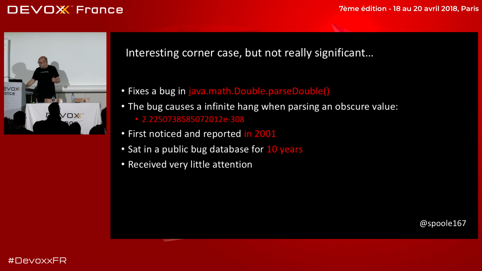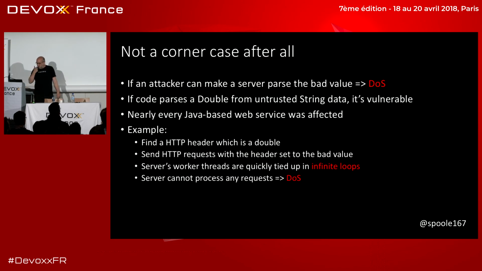It's just one of those things, really obscure. Who's ever going to come up with it? There was a variation of it too. But it turned out not to be a corner case at all, because somebody figured out how to get that number into some data they could send to your website. And if we, as Java engineers, took the string in and just fed it into parse double, what would happen? We would hang.